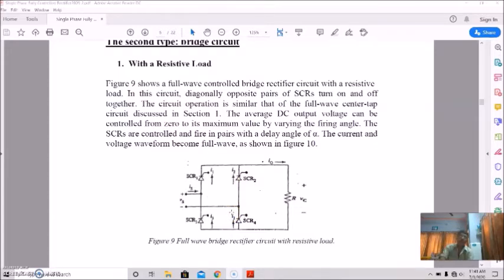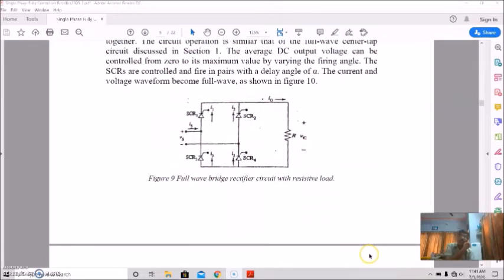If the thyristors are fired at a delay angle of alpha, it will be like this. Once again, this is the conduction path, and for the negative half this will be like this.